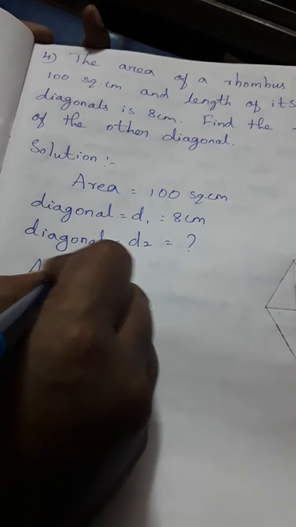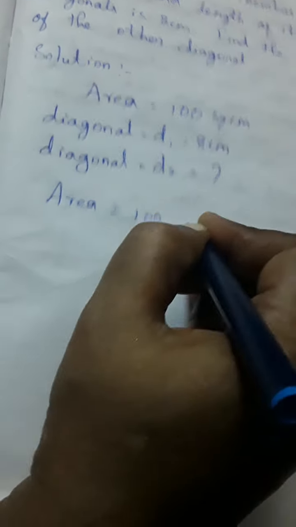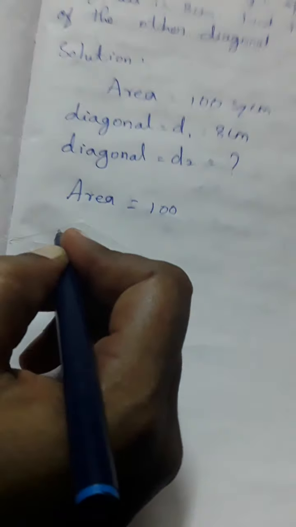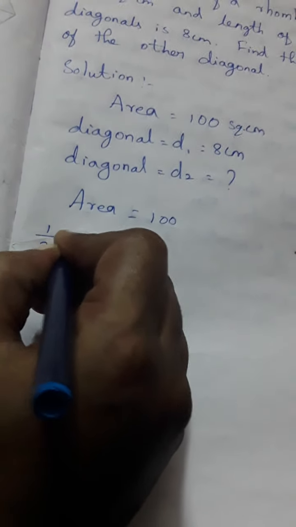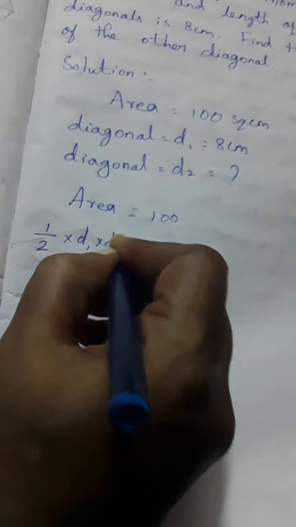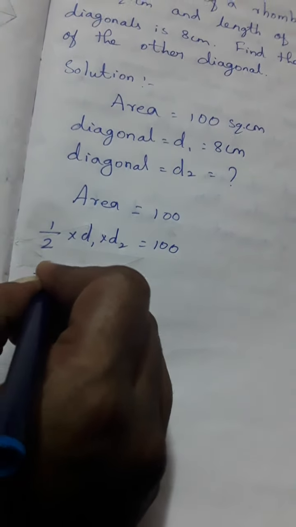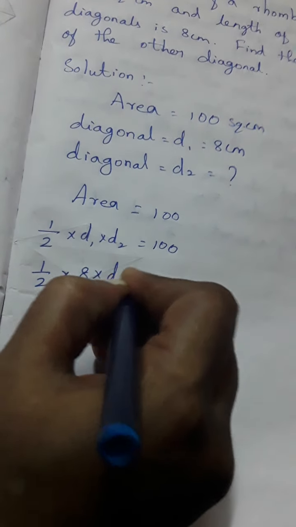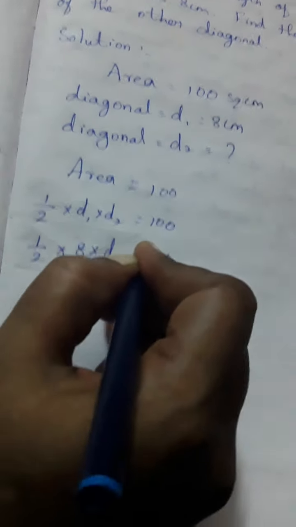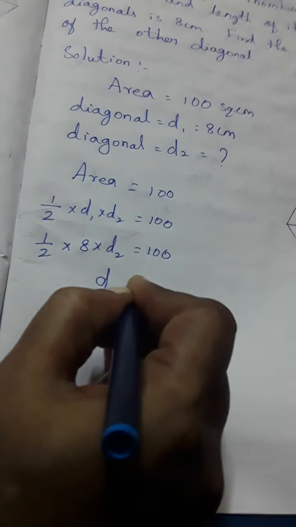We know that area is 100 square centimeter. Area formula: half into D1 into D2 is equal to 100. So half into 8 into D2 is equal to 100. Now what we want to find? D2.